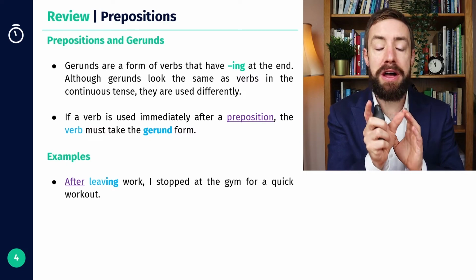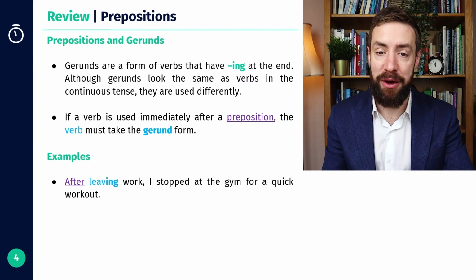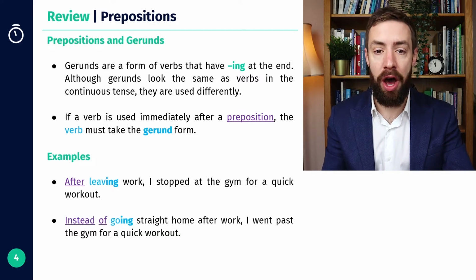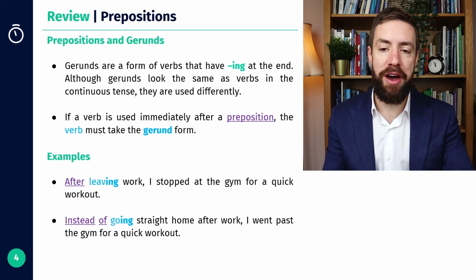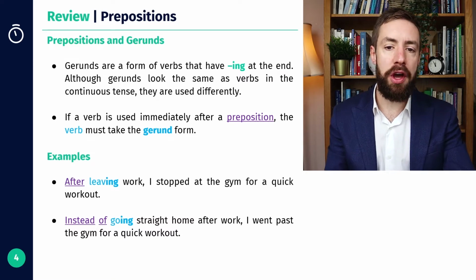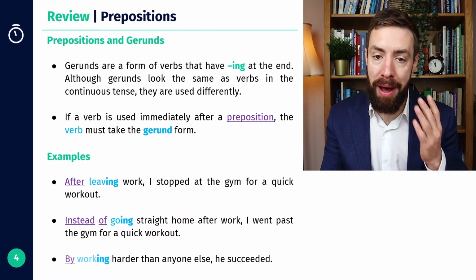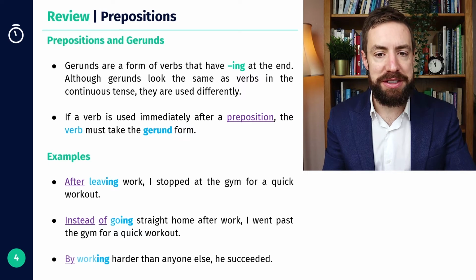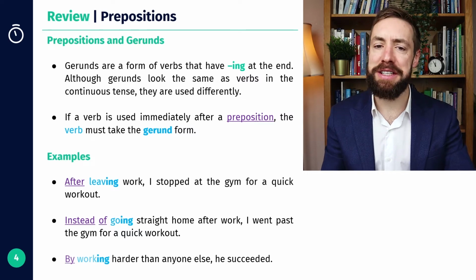So that verb leave becomes a gerund, it becomes a noun, all right? Another one, instead of going straight home after work. Again, it's not instead of go, it's instead of going. And finally, by working harder than anyone else, he succeeded. By is the preposition, and working is the gerund.